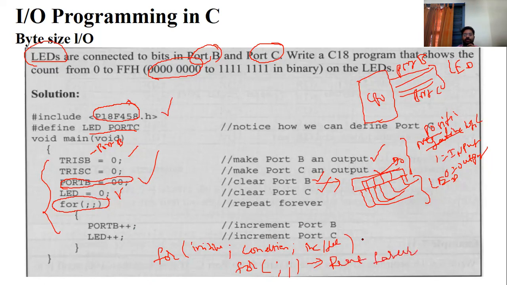Otherwise, you can write the for with int z, z equal to 0, up to 255, z less than or equal to 255, then z plus plus.